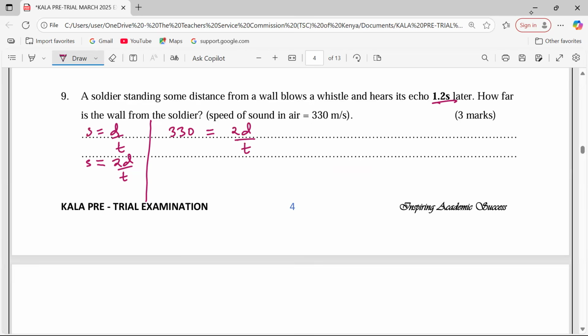Time is known as 1.2. Therefore, we can now get the value of this distance from our calculators very quickly as 198.